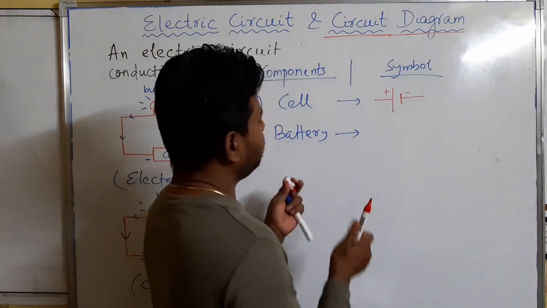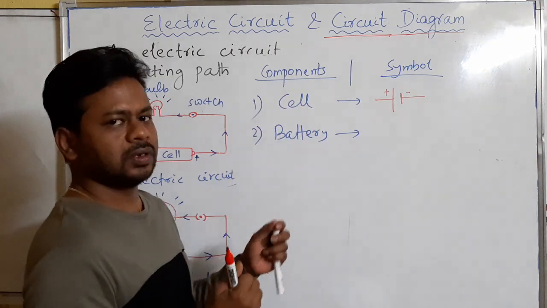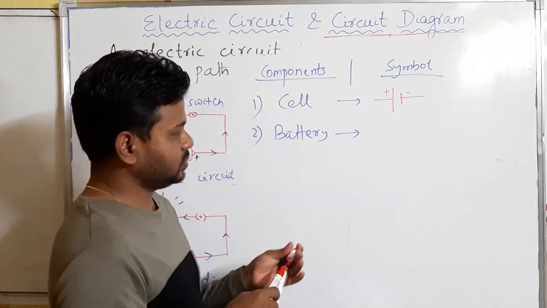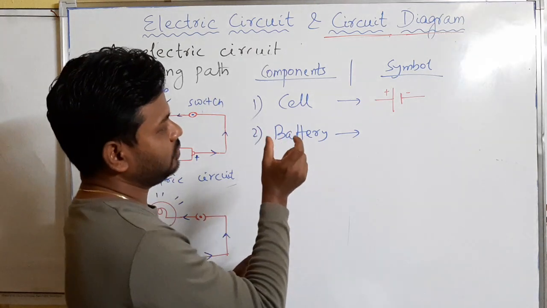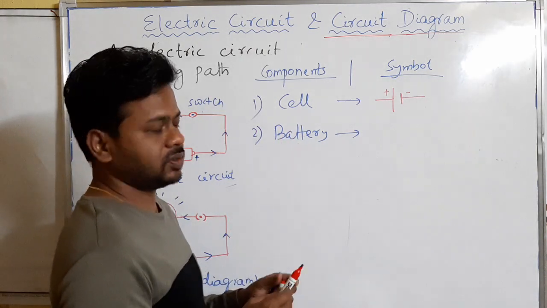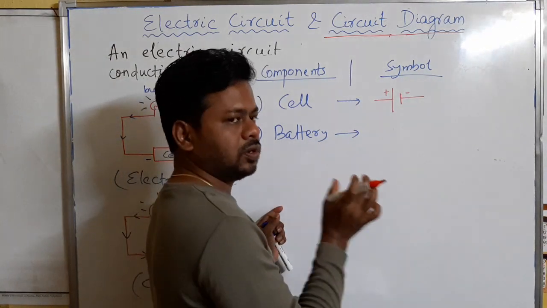But in our daily life we use cell and battery both for a single item, which is normally called a cell in physics, but we normally call it a battery. But it is not a battery. Battery is a combination of two or more cells.